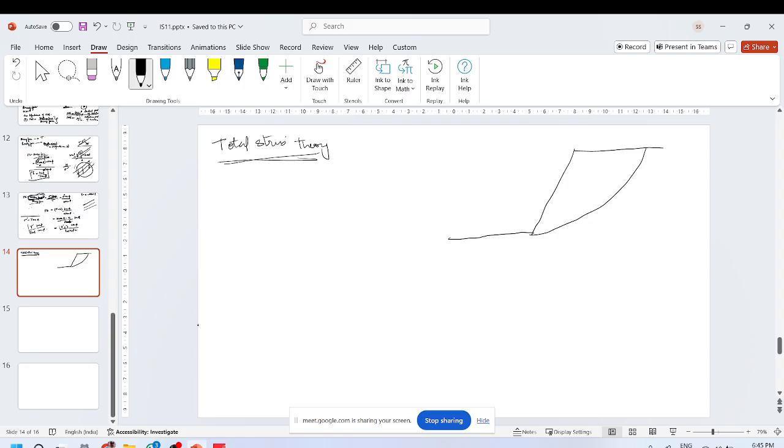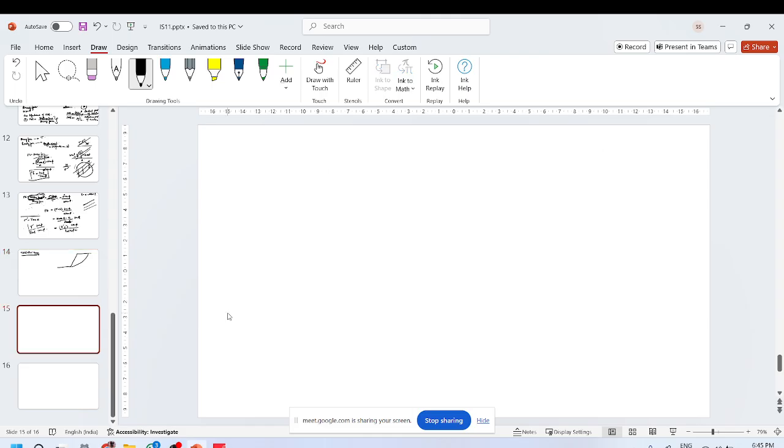Rest of the theories, what they do is they divide this whole wedge into slices.